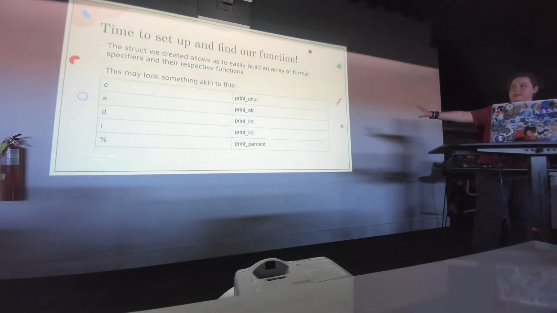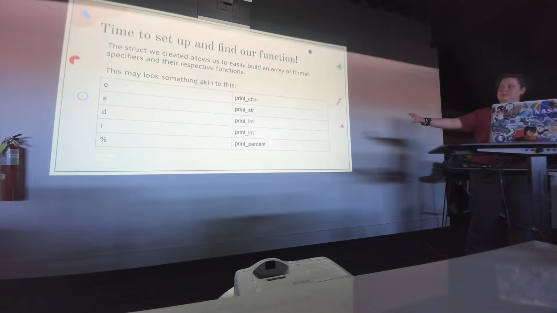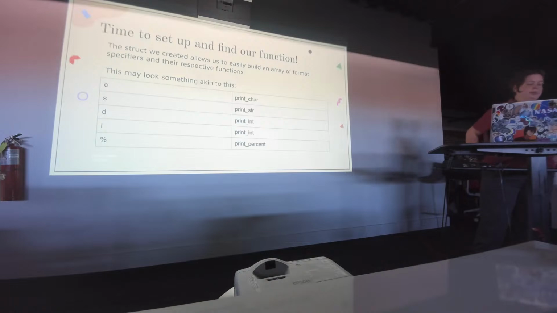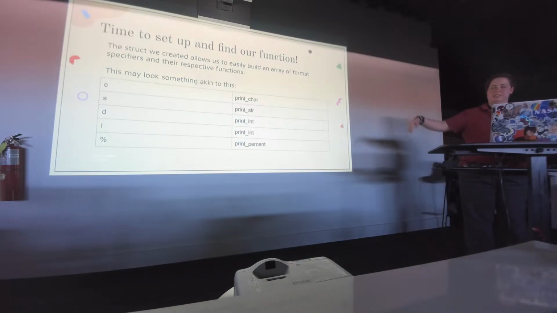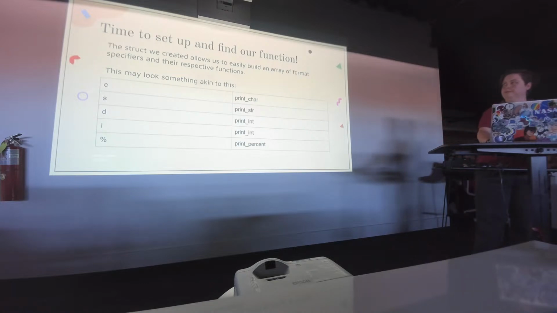That is a function that happens upon initiation, if I'm remembering right, or it happens when you call the get func. We'll take a look at it in a second. But the code that builds this array is one function in and of itself. Right. And then it points to a bunch of other functions that do the print char, print str, print int. Gotcha. So you break them out partly. Yeah. And you can take all of the print char, print str, print int, and put them in their own file. You'll see that later when I do the code for you.